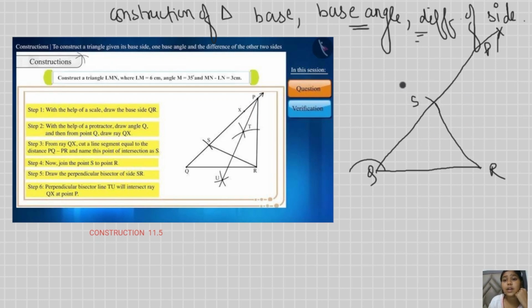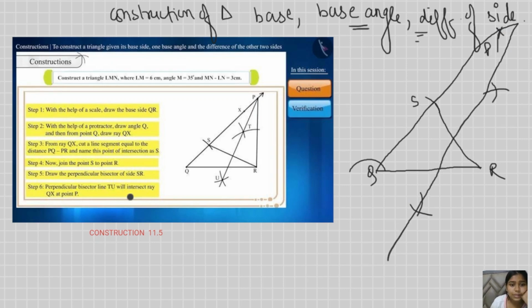In this, we will cut the line segment when the difference of the two sides is given, and then we will join this arc with the third side. Okay, now draw the perpendicular bisector of side SR. This is side SR. Open the compass more than half of the distance of SR. Now you just have to form a perpendicular bisector like this. This is how it will be formed.